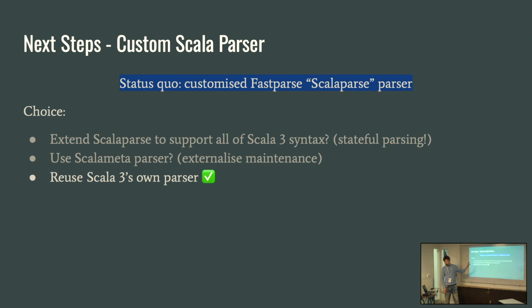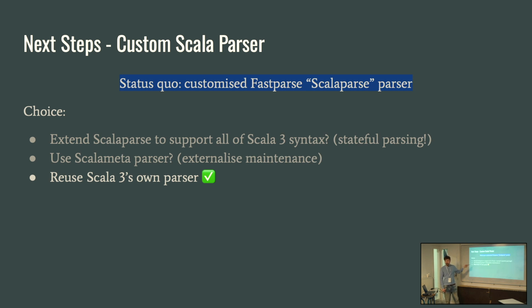Anyway, the status quo is that Mill uses the fastparse library to implement a Scala parser, which basically re-implements the Scala 2 parser. Could we modify that to work with Scala 3? I don't really think so, because parser combinators are context-free, and indentation syntax is not context-free, so I don't think that would work.